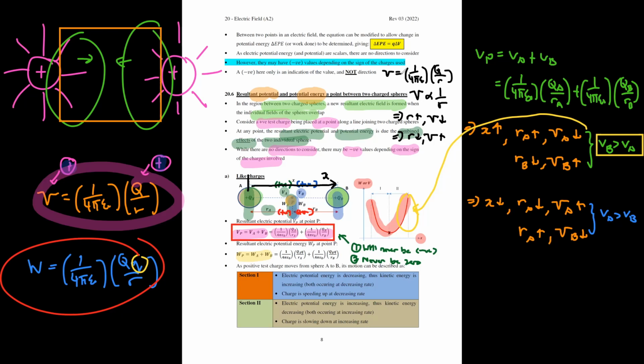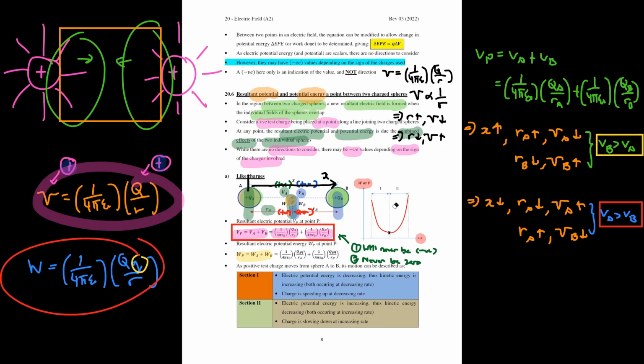So this particular case is represented right over here. The more you go towards one side, the effect due to that sphere becomes bigger and bigger compared to the other, such that if you go to the sphere itself, the effect due to that sphere is already the maximum, whereas the effect of the other sphere is minimum. That's why you get the graph shape that looks like this. I hope that is clear.